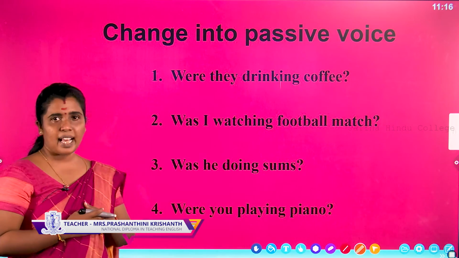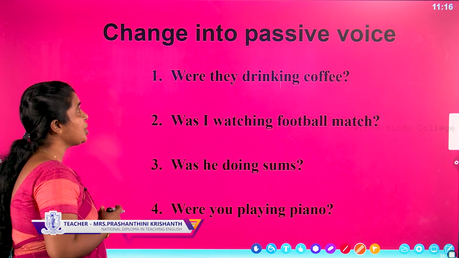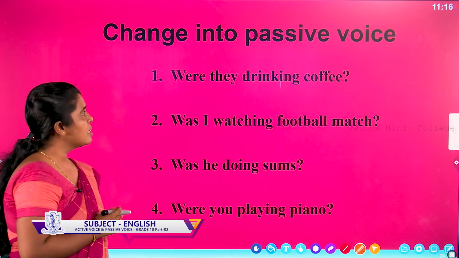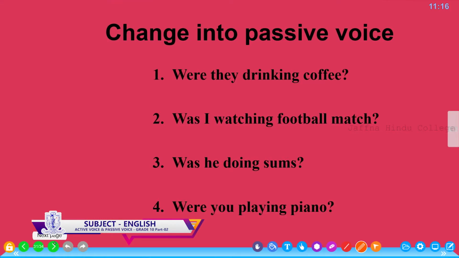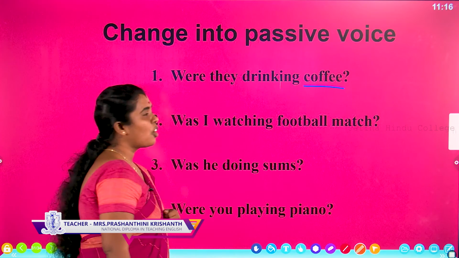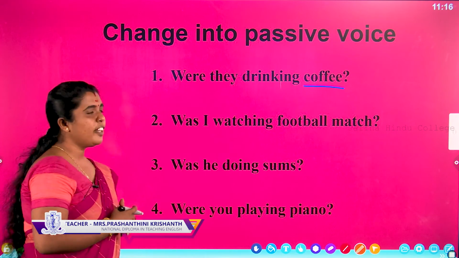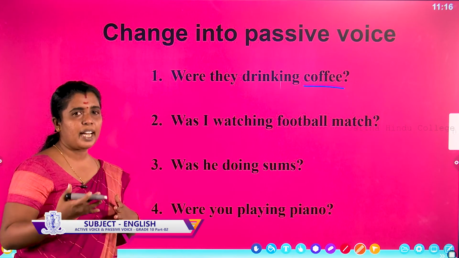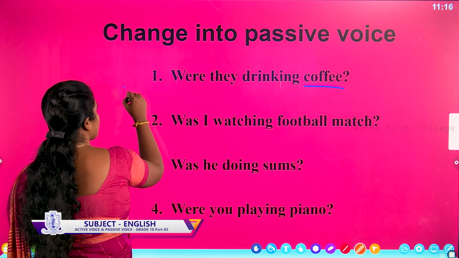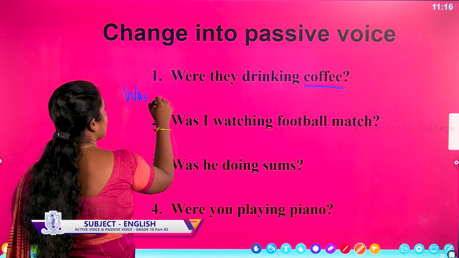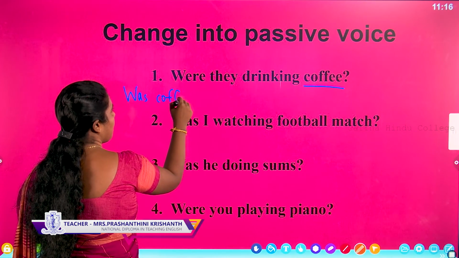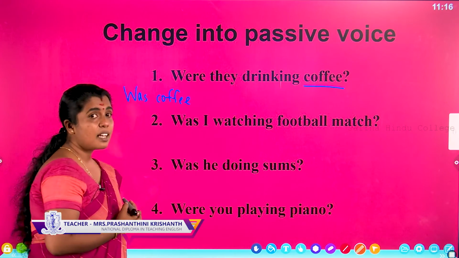Right, now this is an activity for you. Change into passive voice. Number 1, were they drinking coffee? Right, first we have to underline the object, right? So this is easy method, coffee, right? So coffee, that is singular form, so we can use was. So was coffee. Next, being.